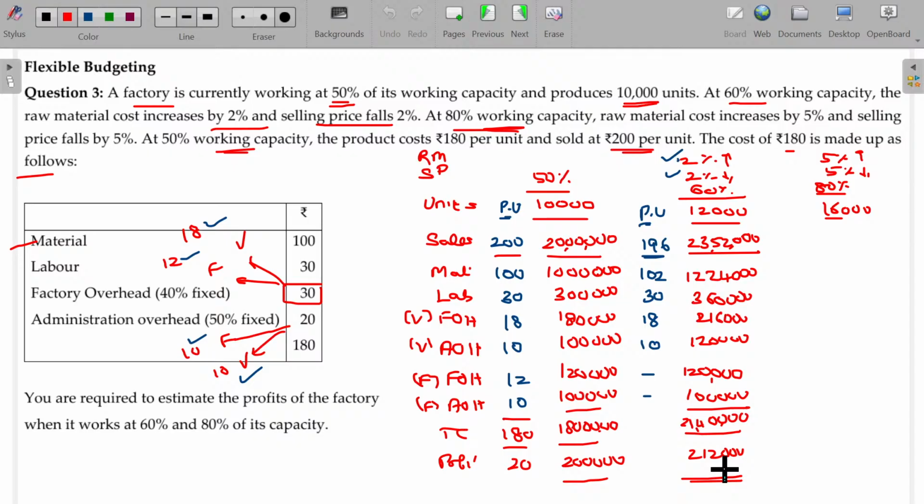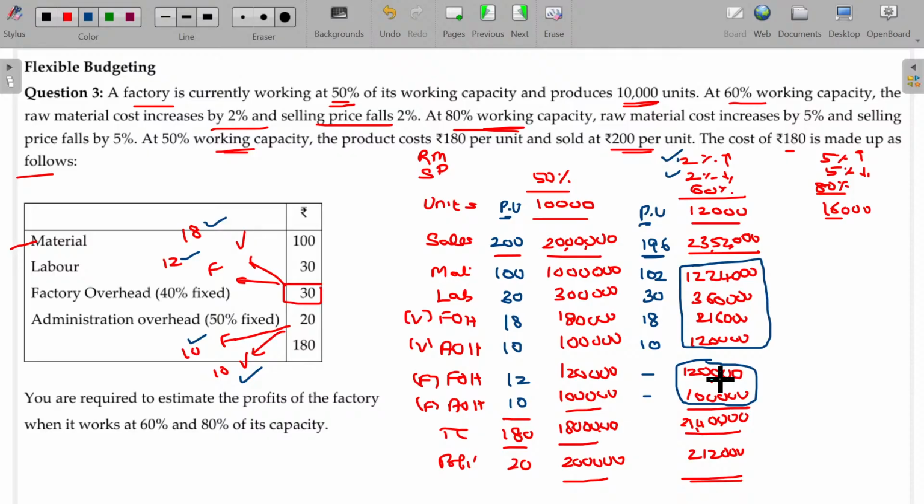Actually, in the last exam I think they asked to mention the variable cost separately, fixed cost separately and then profit separately.